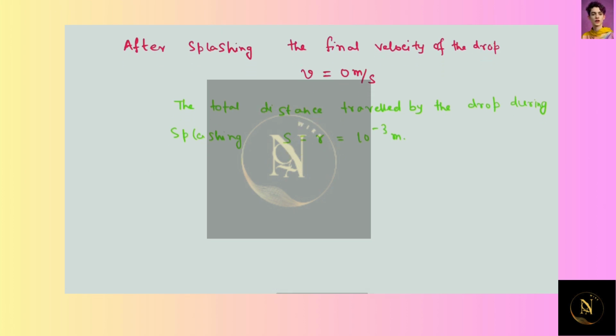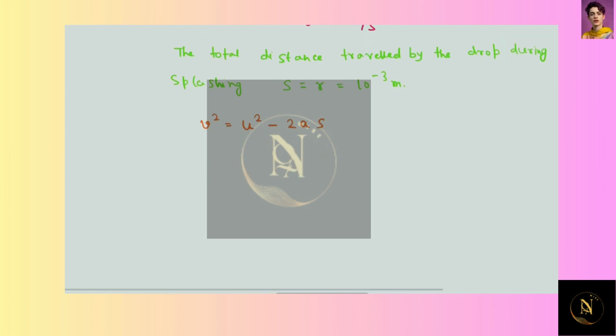To find the deceleration of the drop, we can use the equation of kinematics, v square equals u square minus 2as. Why am I using minus? Because the drop is getting decelerated. So from here I can write that a is equal to u square minus v square by 2s. Remember, a represents deceleration.